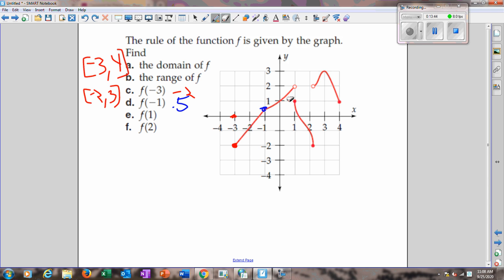So when x is 1, y is 1. For f of 2, we go over to when x is 2. When x is 2, y is -1.